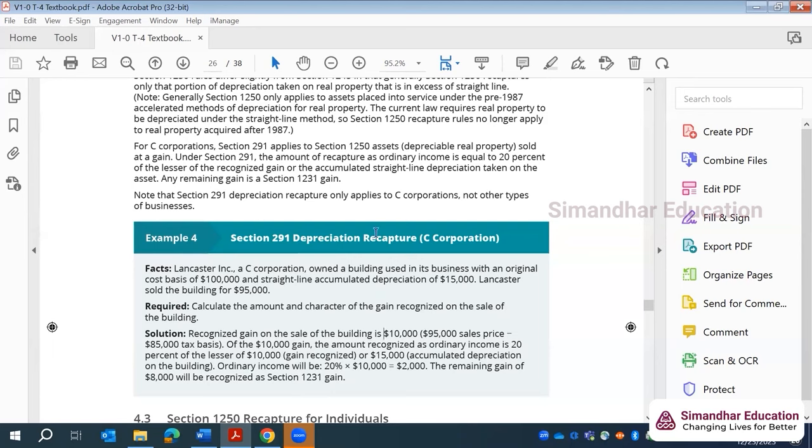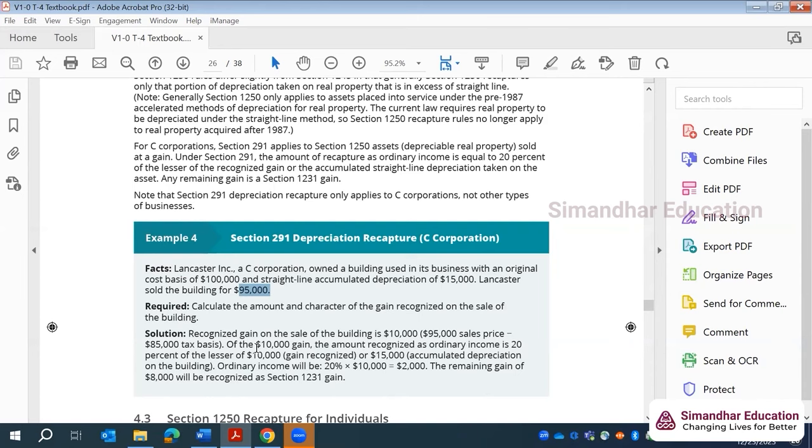All right. Now, in the same example, if I change the sale price to $105,000, what will be your Section 1231 gain and what will be your Section 291 depreciation recapture amount, which will be taxed as ordinary? Please be mindful before you put your answers. This is not Section 1245. This is Section 291.